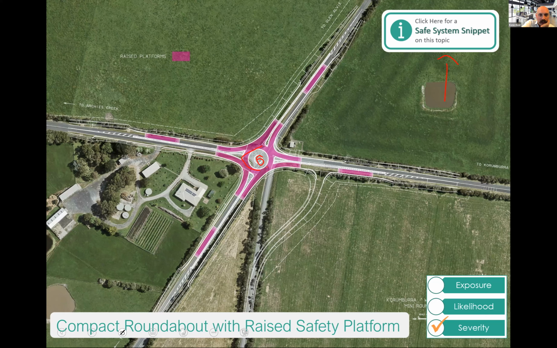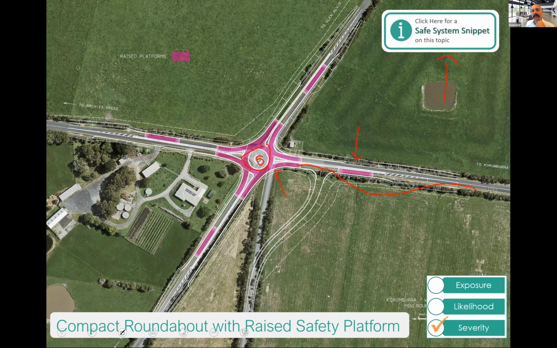You have a larger concrete apron around it, but not anywhere near as big as a full-size roundabout. You don't have reverse curves. Now, some jurisdictions don't use reverse curves. Reverse curves are basically chicanes on the approach to a roundabout to try to start that slowing down of vehicles. And instead of that, again, some raised platforms and raising the area.